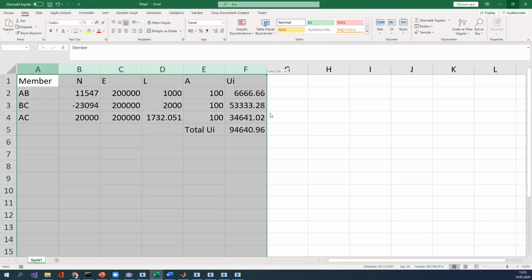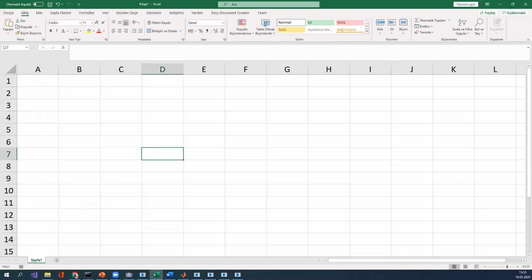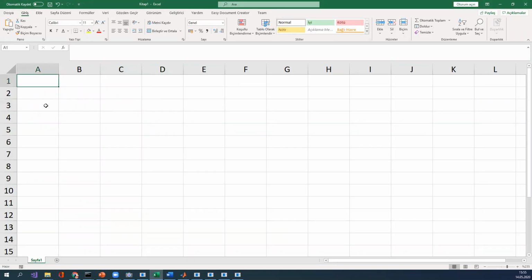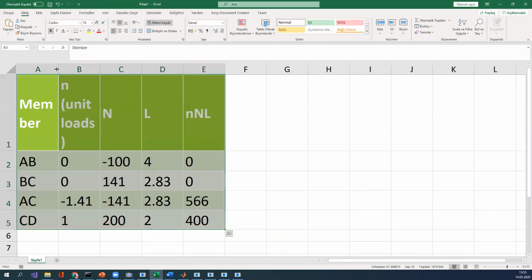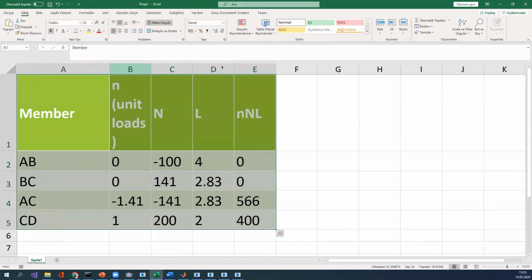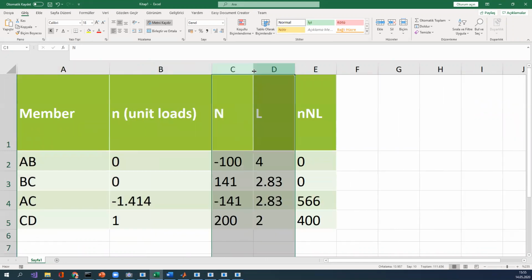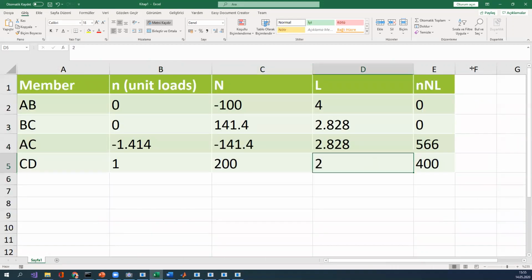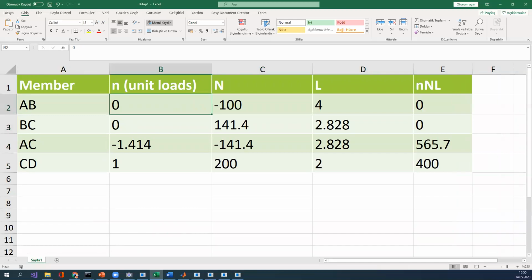Okay, wait, and I can copy and paste. I hope I can be successful. I haven't tried. Yes. Remember, unit loads like this. Okay, so I want to go back to the slide and the general formulation.